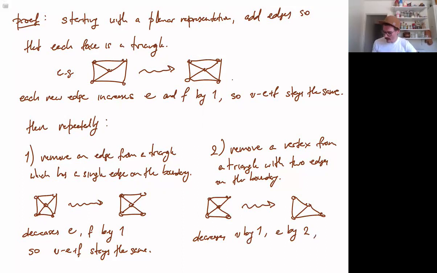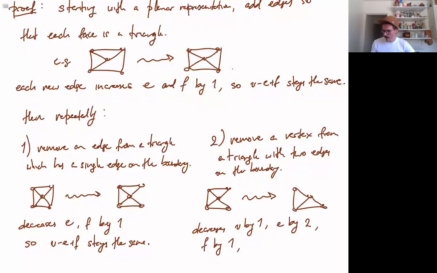And it decreases F by 1 because, again, we're taking these two faces and joining them into a single face. And again, if you do this counting, we're subtracting 1 and adding 2. So in the end, V minus E plus F stays the same.